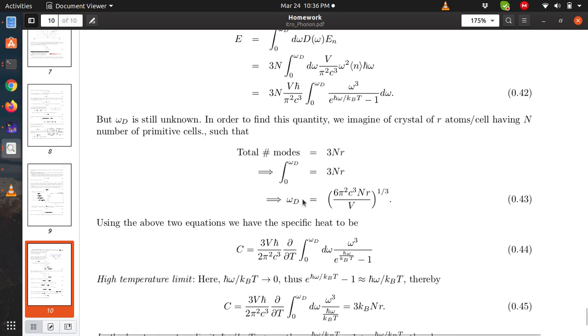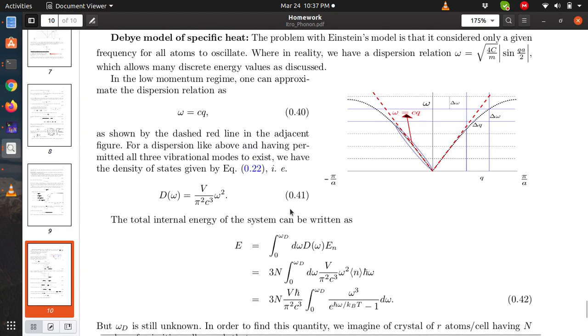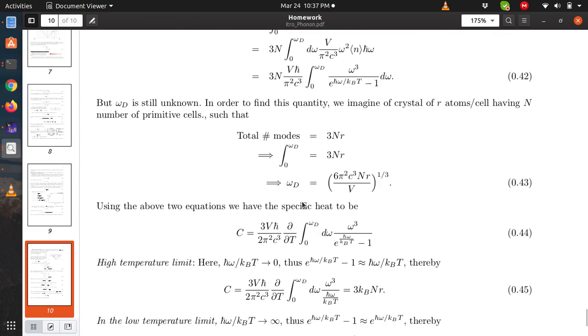Now, if we do so, with the density of state given from this equation 0.41, you'll find that the Debye frequency will come as this expression. And you are going to work out this integration at home.